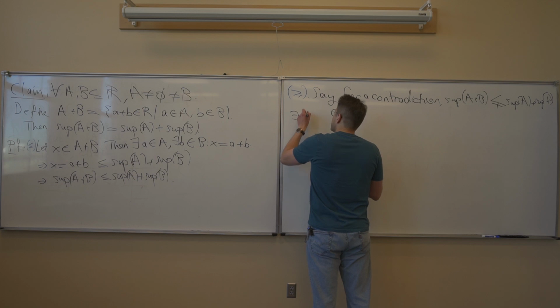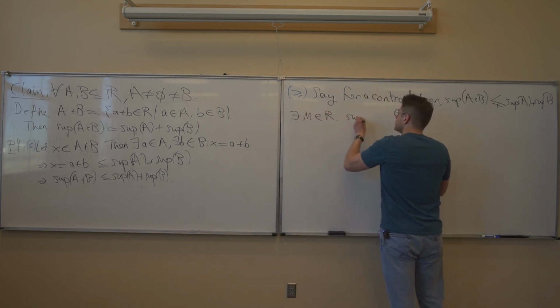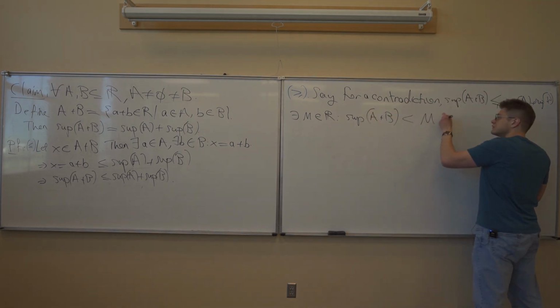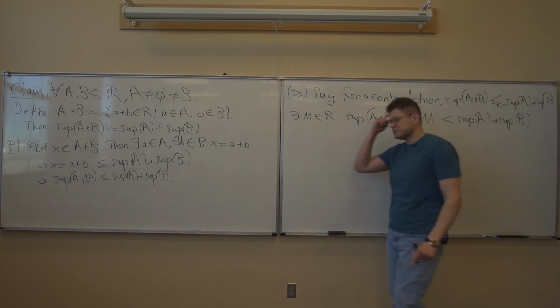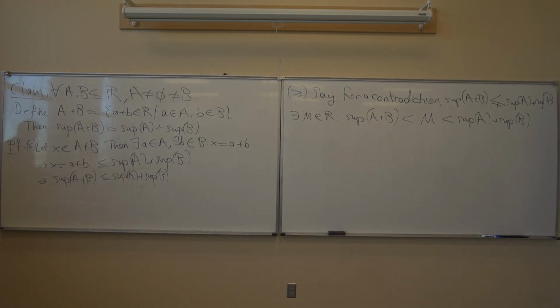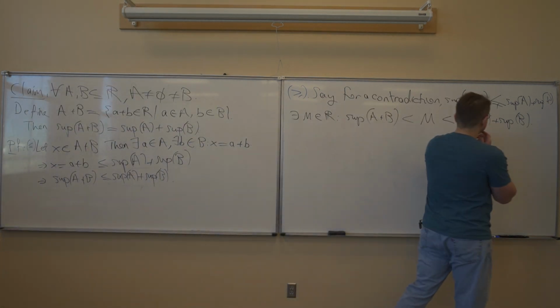Then there is an M real such that this happens. I injected this M in between these two numbers. How to continue? Well, I want to zero in on these two guys.